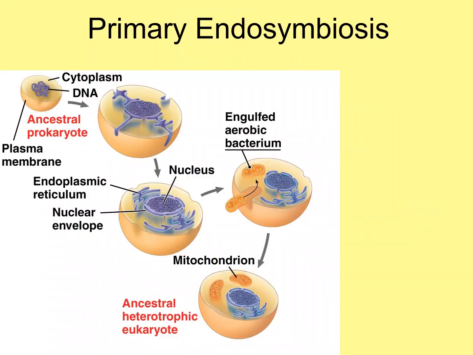Okay, so how did we get from a cell that was like an ancestral bacteria or ancestral archaean to the first eukaryotic cell?